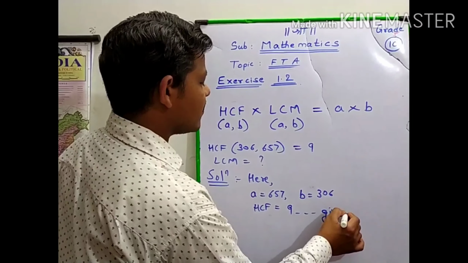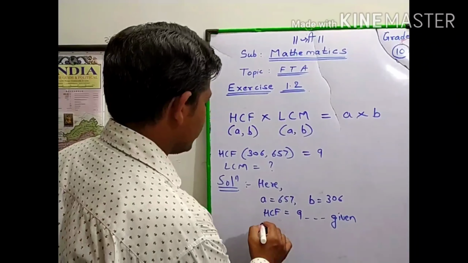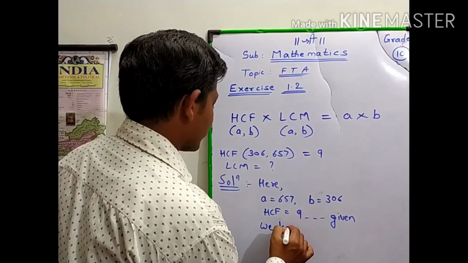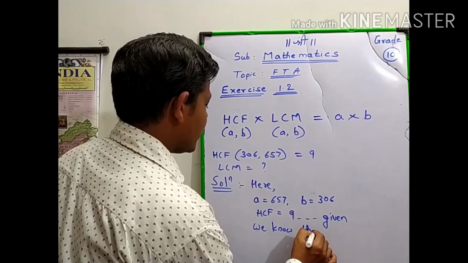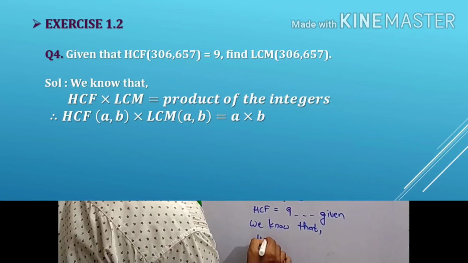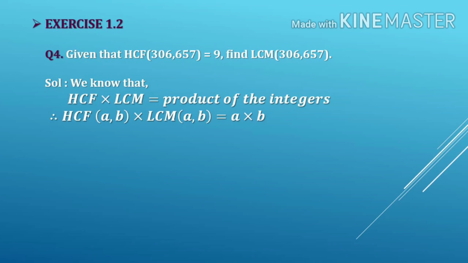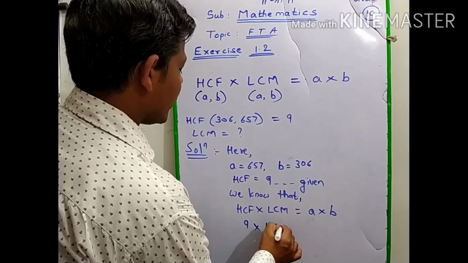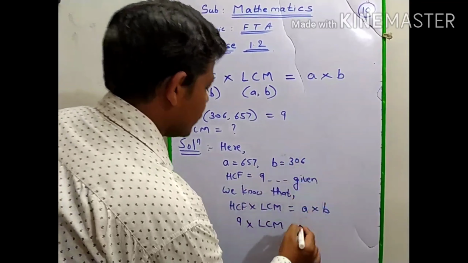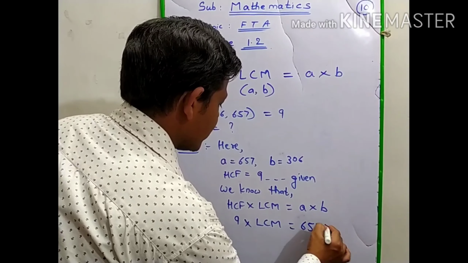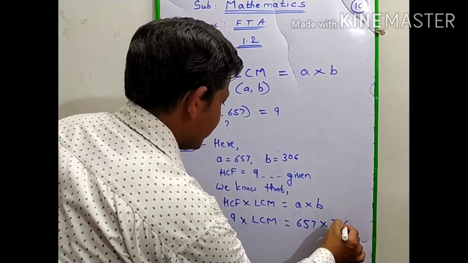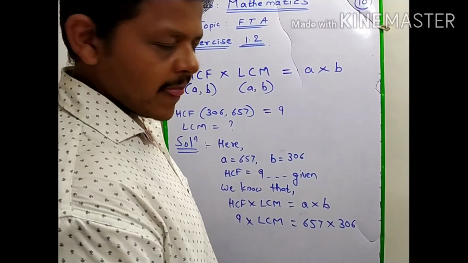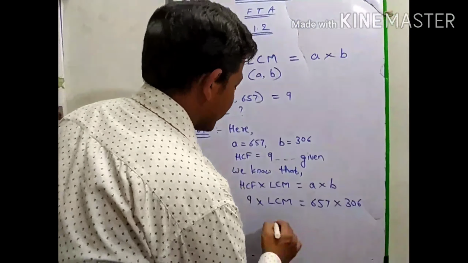This is given to us, and what do we know? We are going to write here. We know that, this is our way of writing the solutions. We know that HCF into LCM is equal to the product of the two integers, A into B. So HCF is 9, into LCM is equal to the product of the two integers, 657 into 306, and then this 9, which is multiplied, goes and becomes divided.